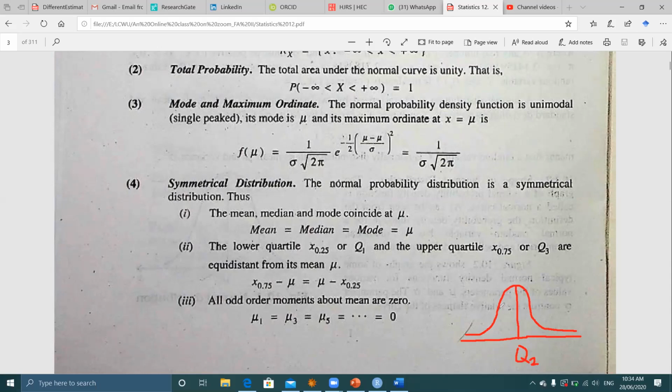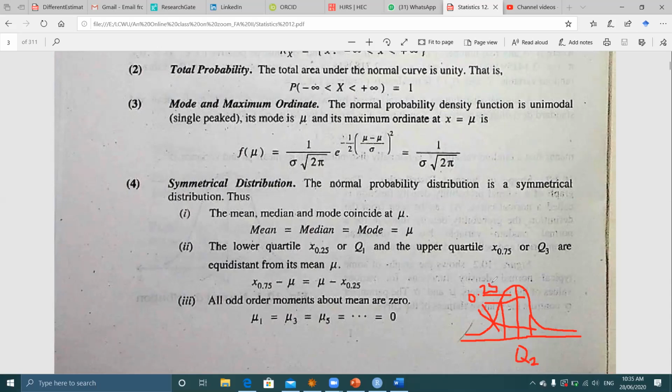So if you divide the whole portion into four equal parts, then one line will be here and the third is here. So each portion, this one, this one, this one, and this one, all are equal to 0.25. Four quarters. These are the four equal parts.